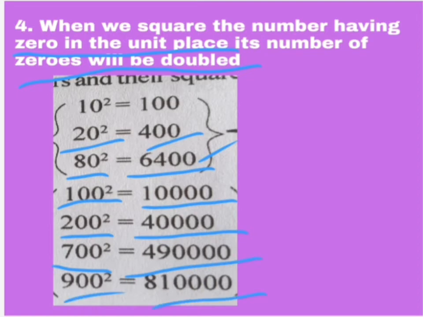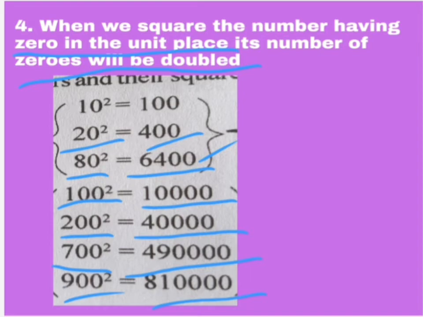Like this, whenever we square a number which has 0 in the unit place, however many zeros are there, in its square those zeros will get doubled. So that is one more property of the square number.